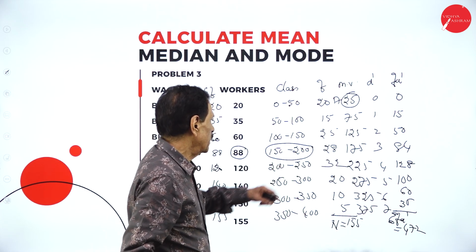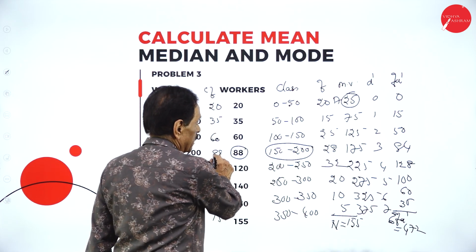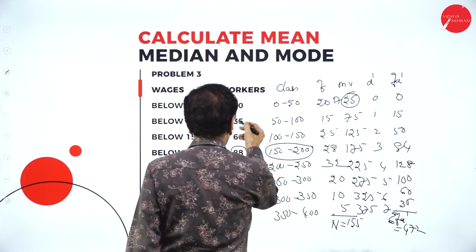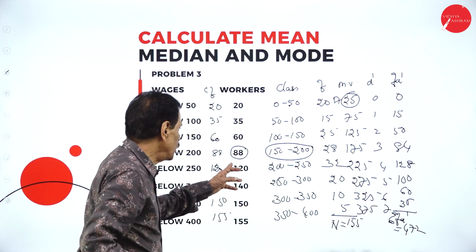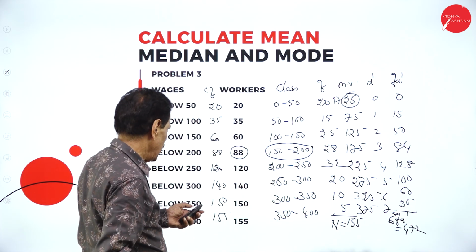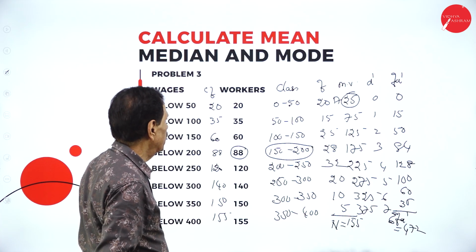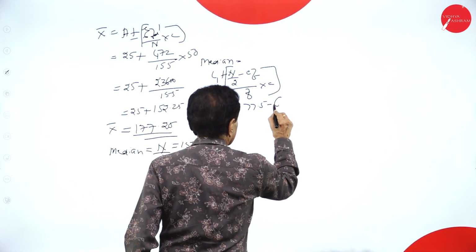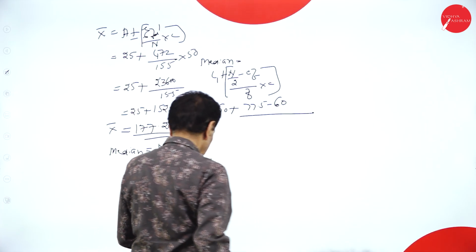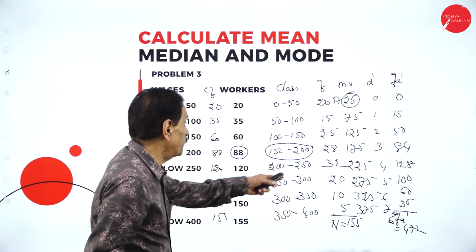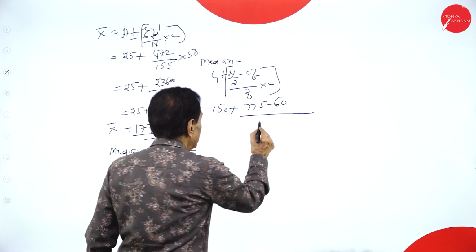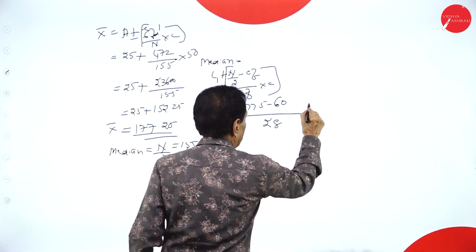This is your frequency. Behind, which range you have selected? Behind is 60, divided by the frequency of your group, 28, into 50.